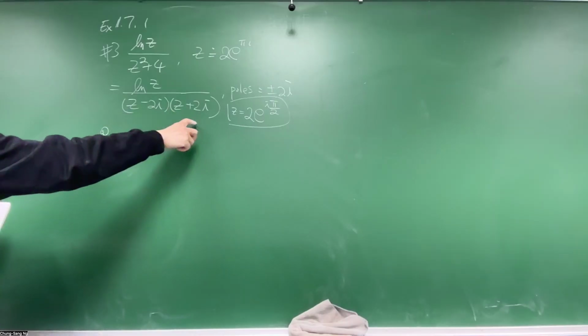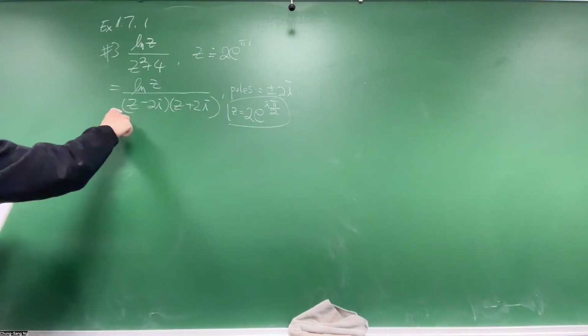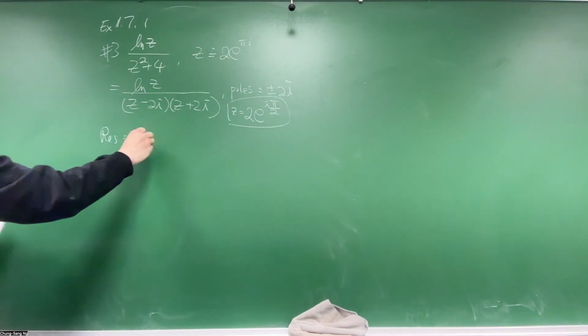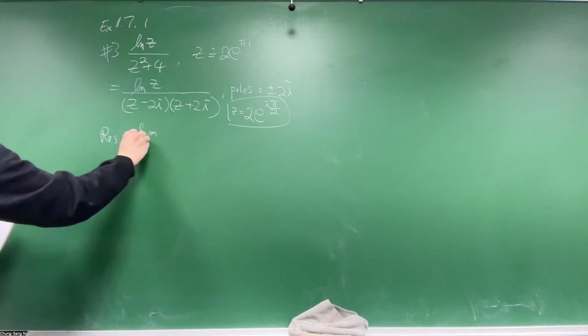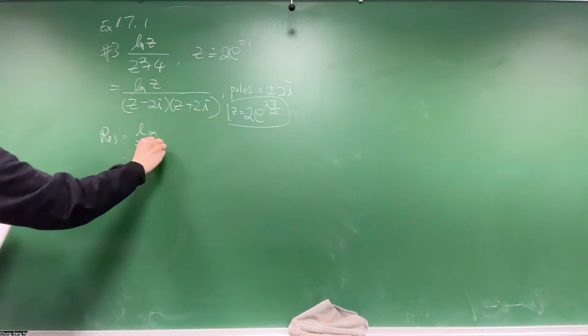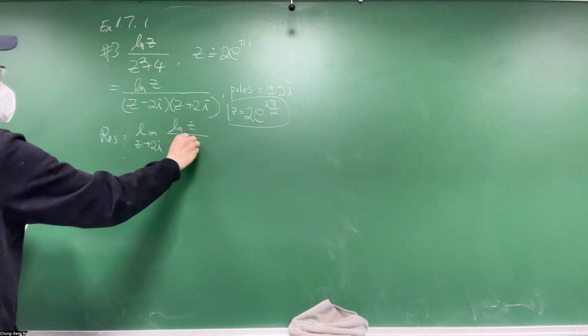obviously follows the simple pole. You multiply by c minus 2i, which cancels this one. So it becomes a limit. C tends to 2i of log c, with c equals 2i.